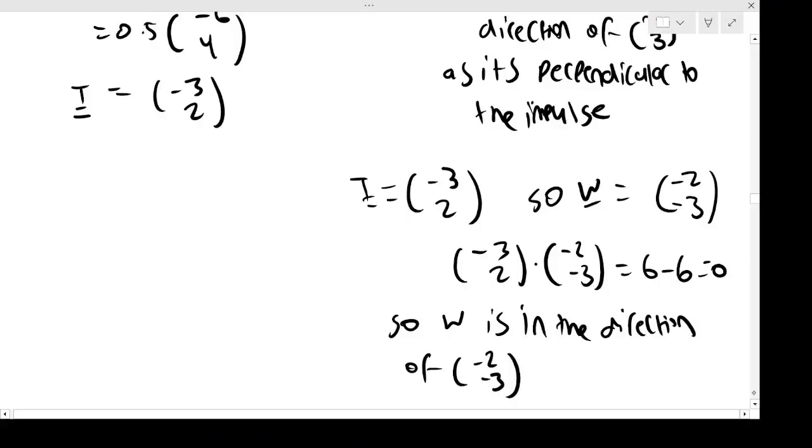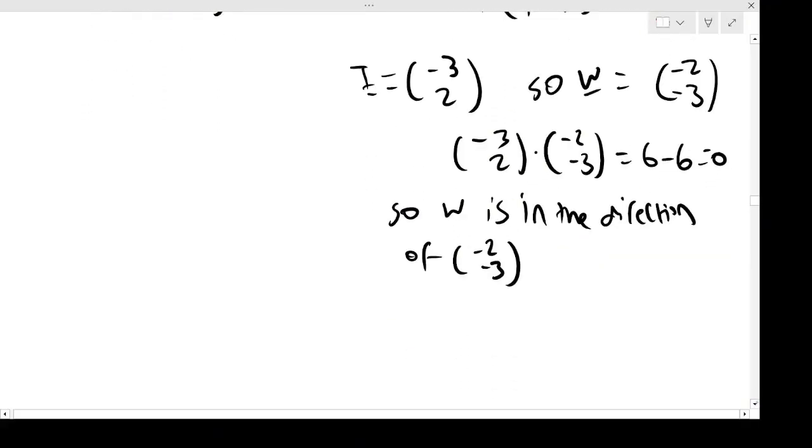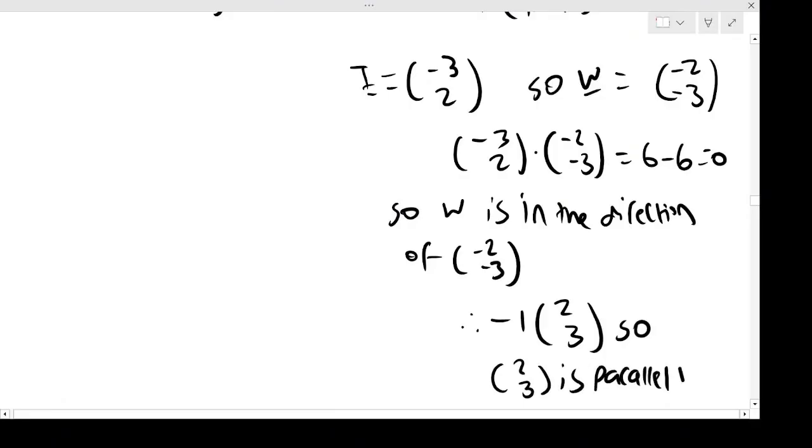So that means that if it's in the direction, then it just has to be any multiple of this. So it could be -1 lots of 2, 3. So therefore 2, 3 is also parallel to the wall. Okay, so you could justify it that way if you instead negated the other component as well. Okay, but there we are.